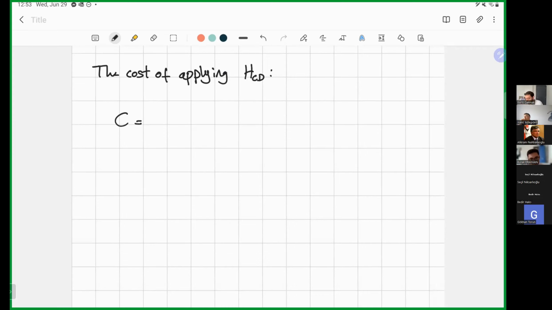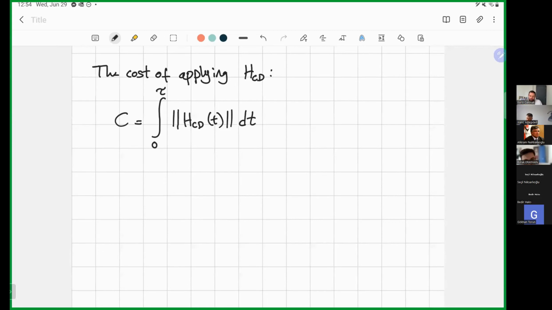One way of quantifying this cost is as follows. We integrate from 0 to the duration of the driving, tau. Remember, the process takes tau amount of time. The norm of H_CD, and since this may also be dependent on time, dt.